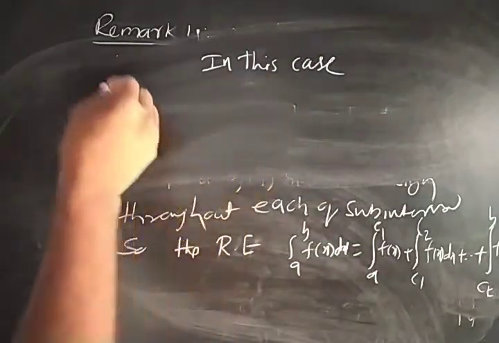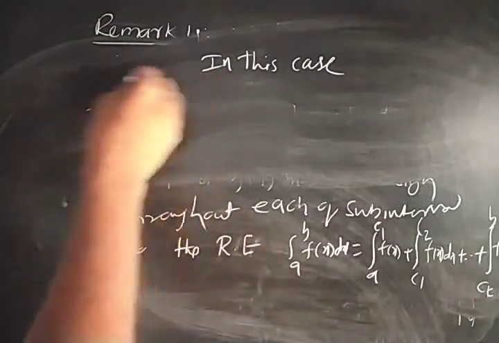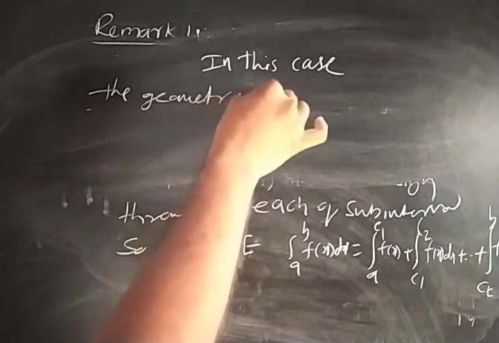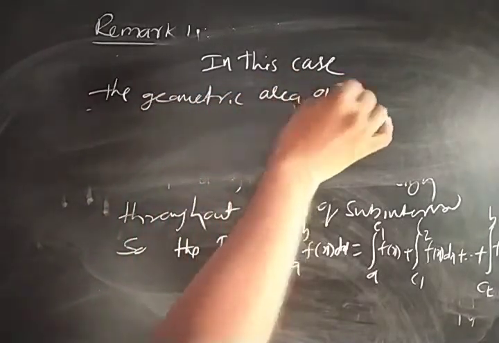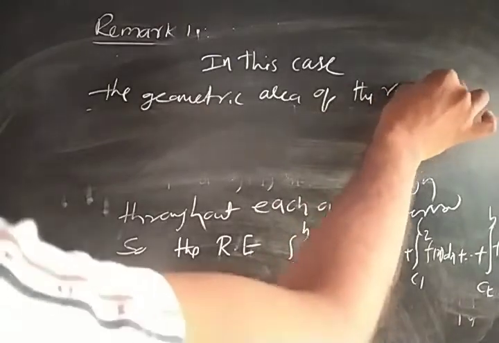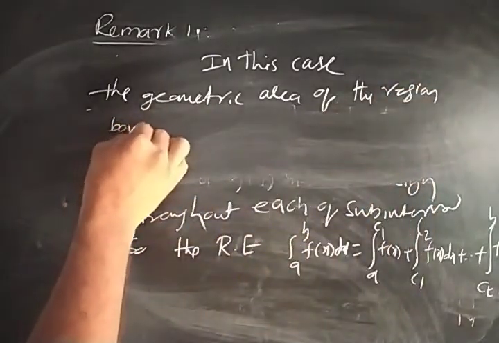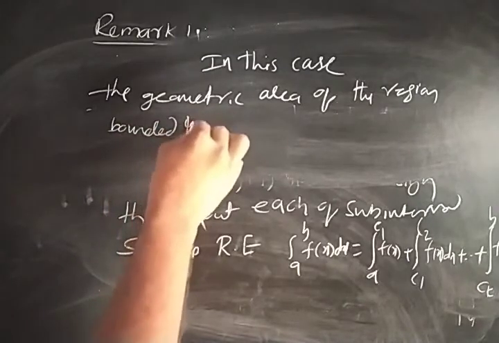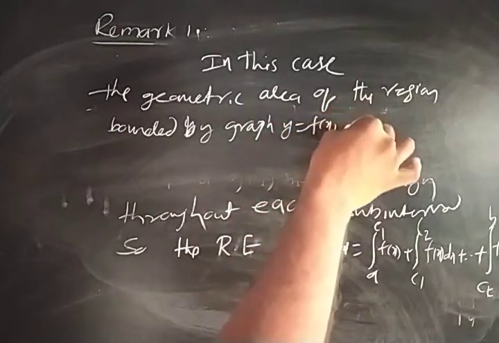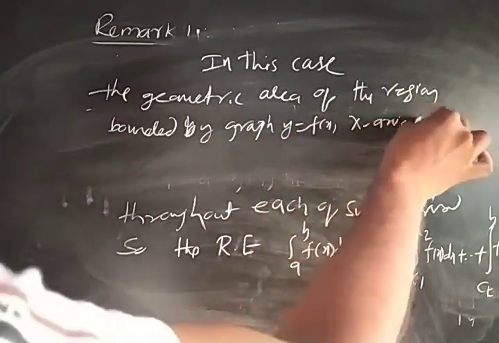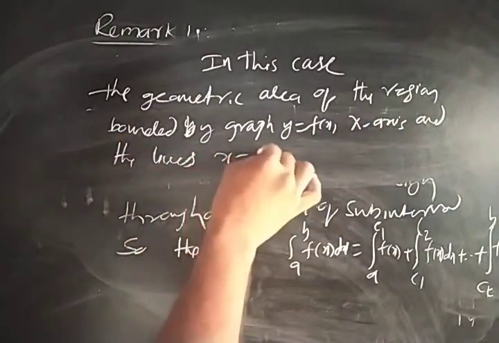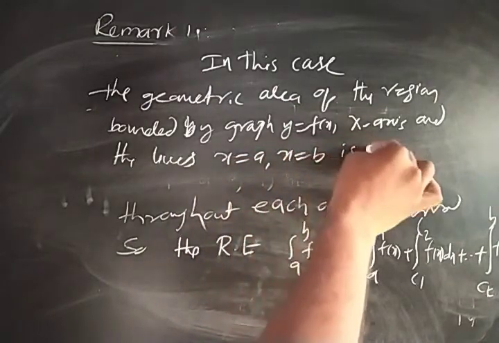If we need the geometric area of the region bounded by the graph y equal to f of x, the x-axis and the lines x equal to a, x equal to b, it is given by the following.